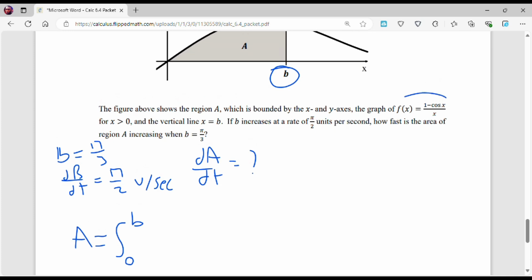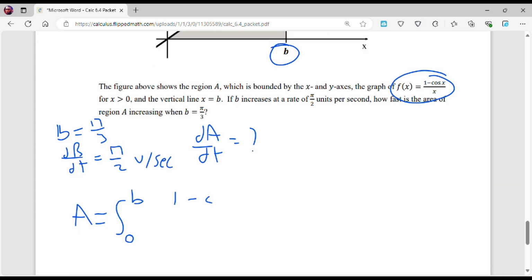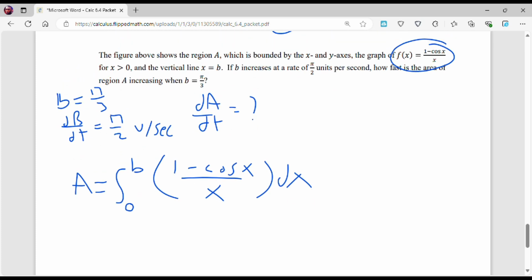And our function of this graph is given as 1 minus cosine x over x, and obviously with respect to x. This question is asking us how fast is the area of region A increasing? So we're trying to solve for dA/dt.